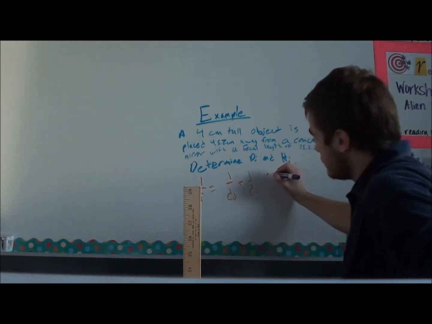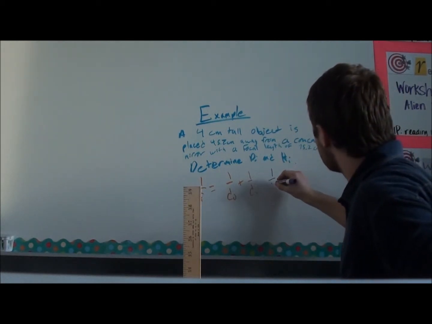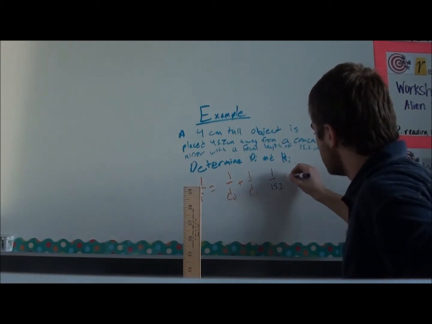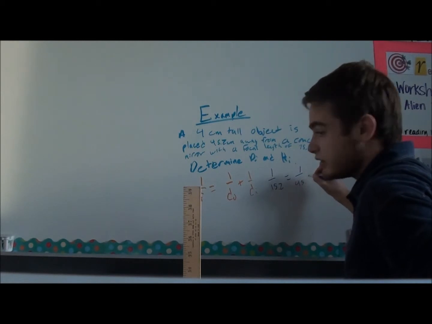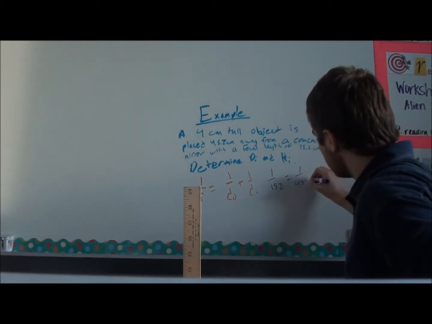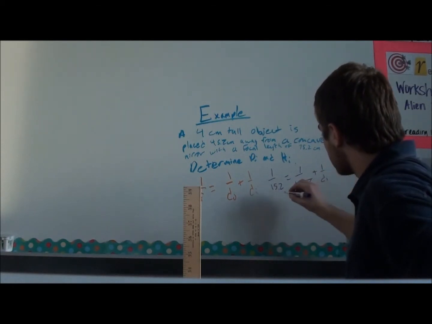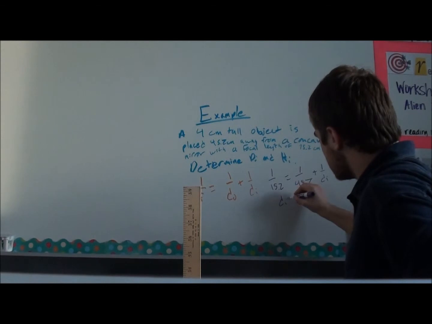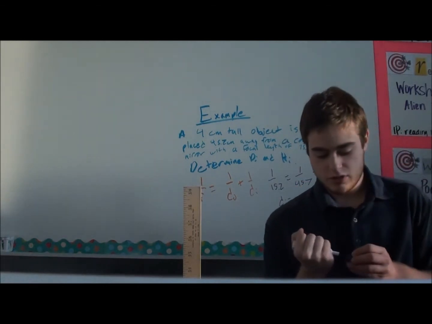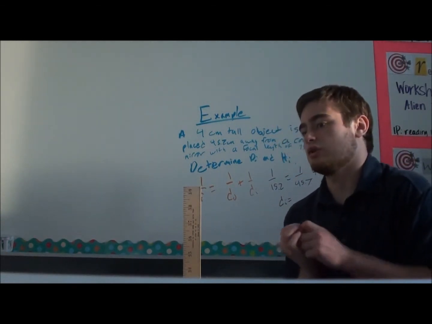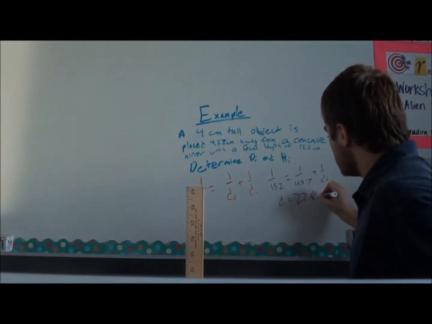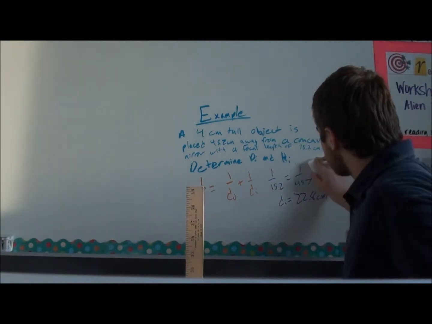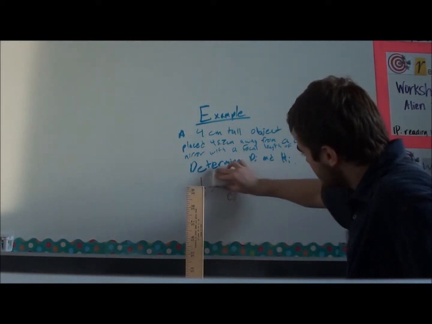We will have 1 over 15.2 is equal to 1 over 45.7, plus 1 over di. You can pull out your calculators, and you will calculate that this is equal to 22.8 centimeters.